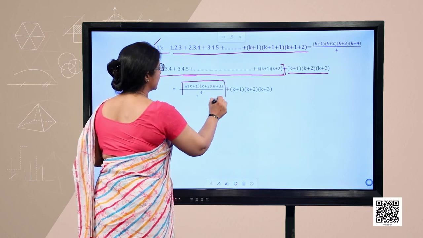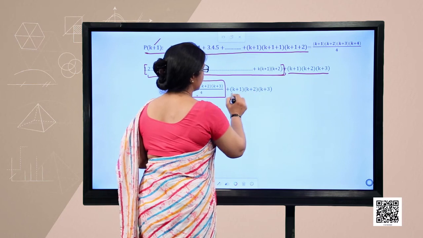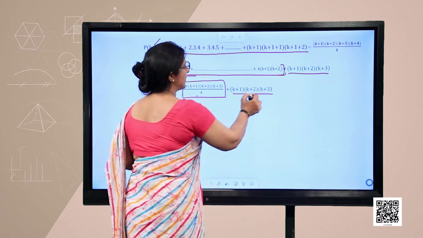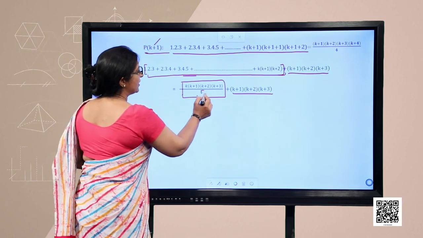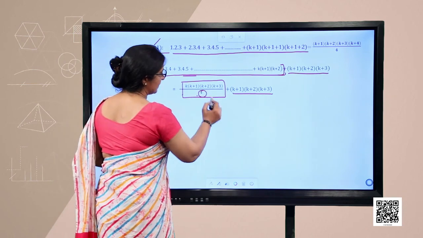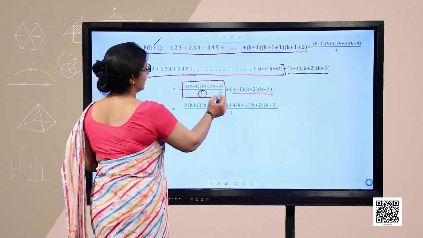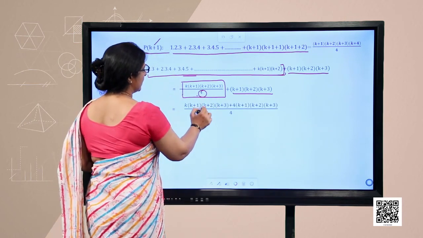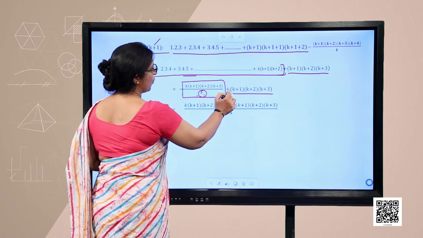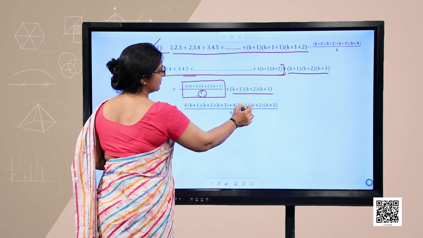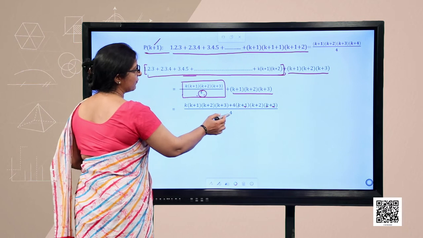This was the right hand side of equation 1, and this is the k plus 1th term of this. Now, after taking 4 as LCM, we can write this expression as k into k plus 1 into k plus 2 into k plus 3 plus 4 into k plus 1 into k plus 2 into k plus 3, whole divided by 4.